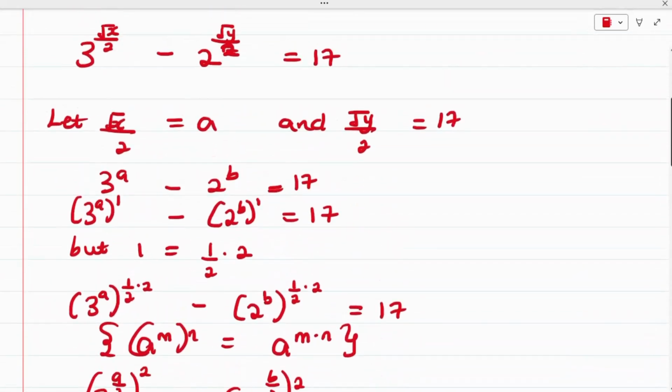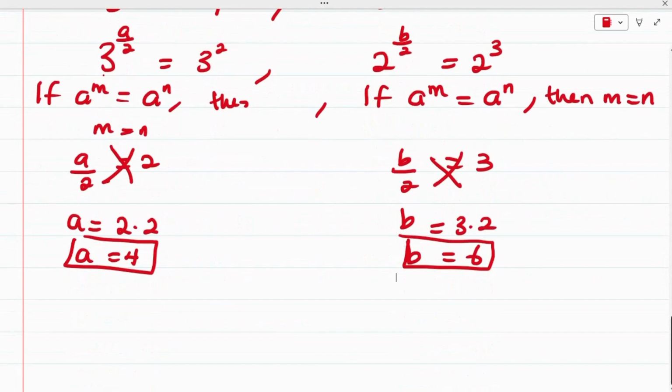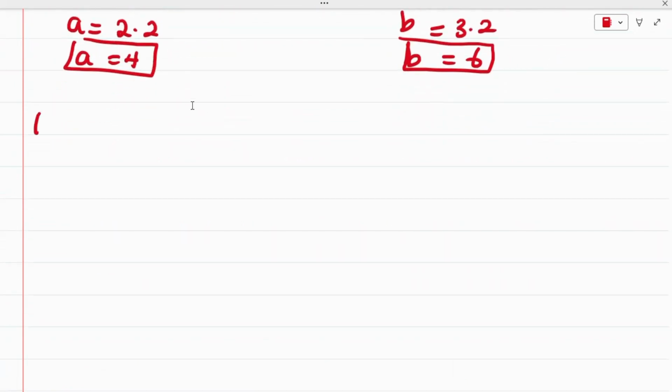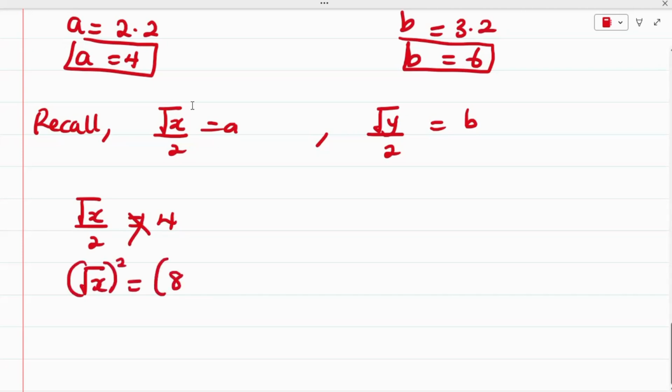We want to simply go right here and recall that the root of x over 2 is equal to a, and the root of y over 2 is equal to b. So from here we have that the root of x over 2 is equal to 4. If you cross multiply, we have the root of x is equal to 4 times 2, which is 8. So all we have to do is to square both sides, and we have that x is equal to 8 squared, which is 64.